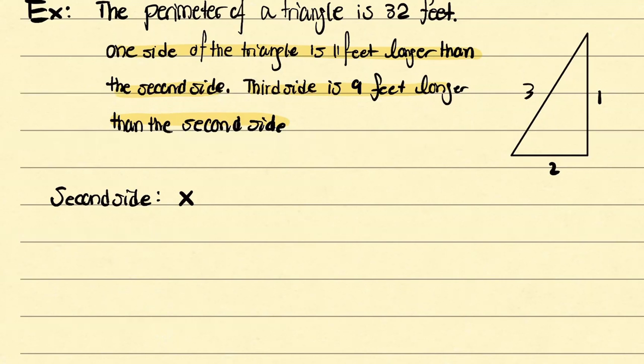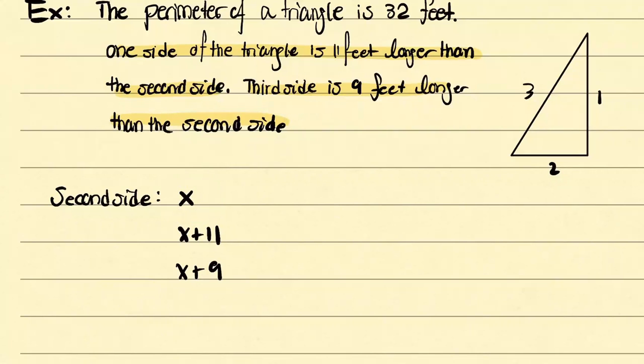One side is 11 feet more than the second side, and the third side is 9 feet more than the second side. It doesn't matter what I call this, the third side, the second side, the first side, just so long as I have my baseline side, because these are in comparison to the second side.